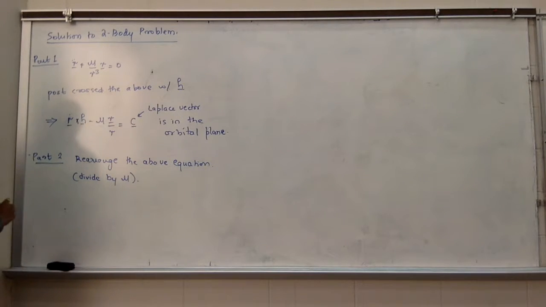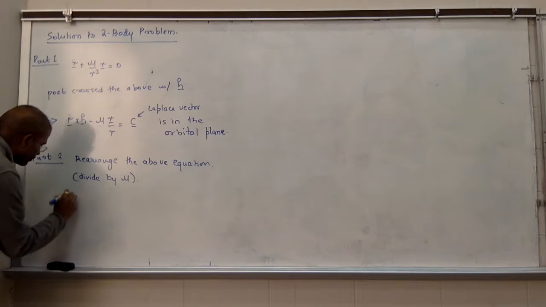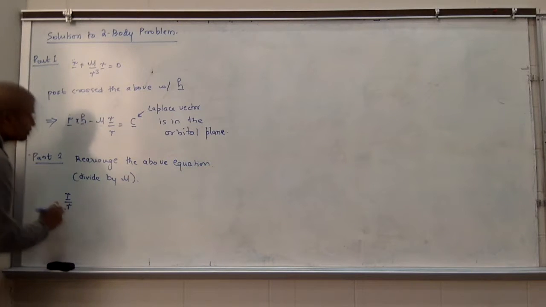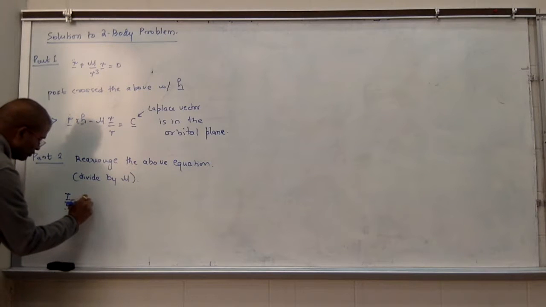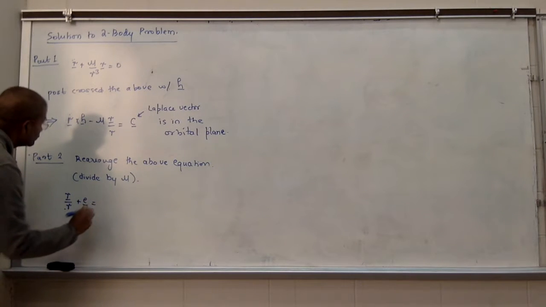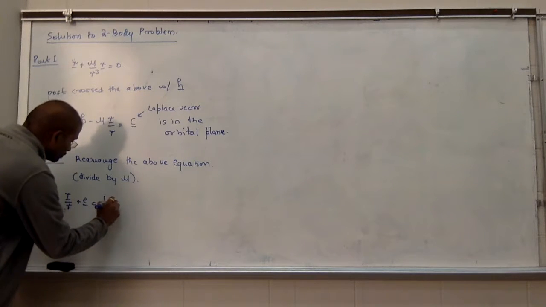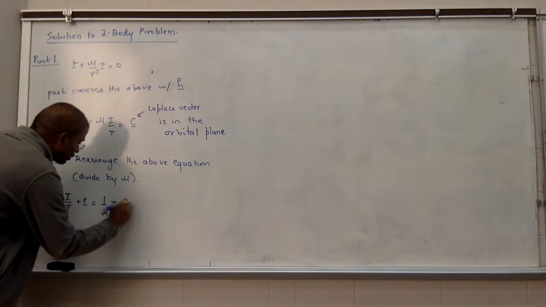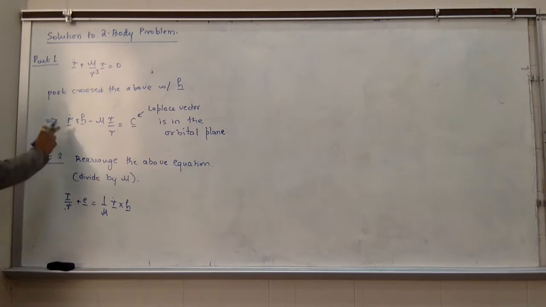So what you're going to get is vector r divided by r plus e is equal to 1 over mu R dot cross h. Here I just divided this whole thing by mu.